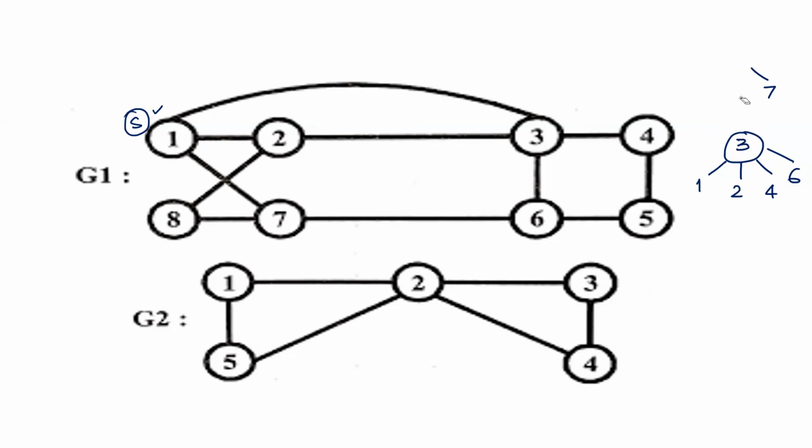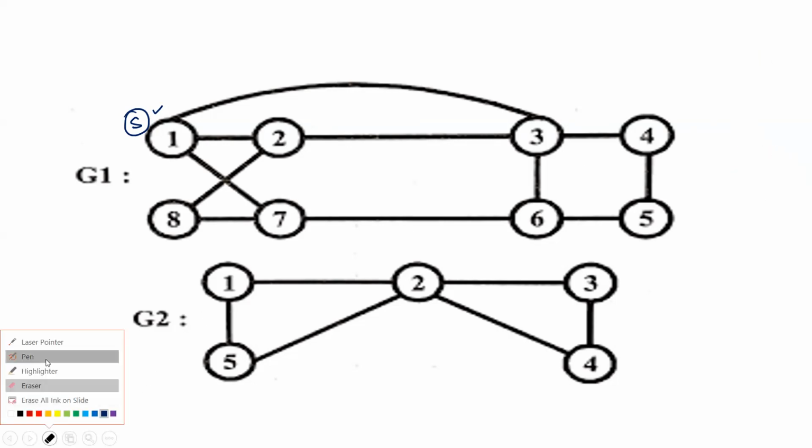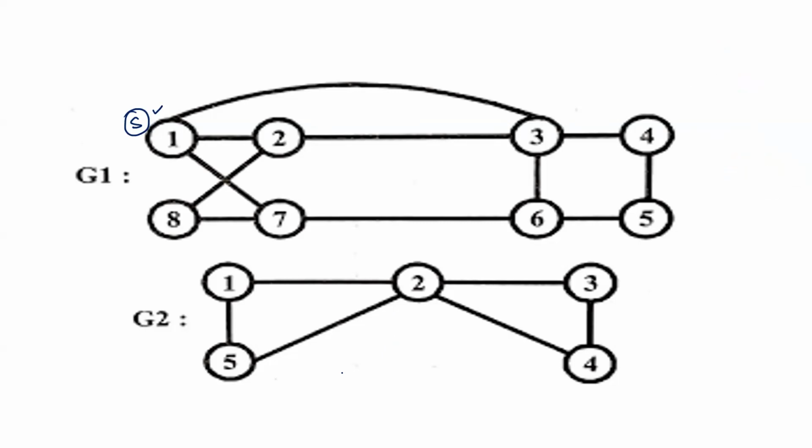So we are trying to check through a normal brute force, and then we will try to apply the backtracking concept. If I start with vertex 1, then there can be 3 possible paths: 1 to 2, 1 to 3, and 1 to 7. And now we are trying to check whether there exists a cycle from each of these 3.